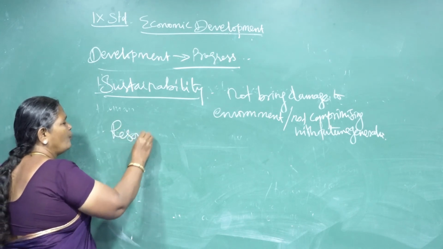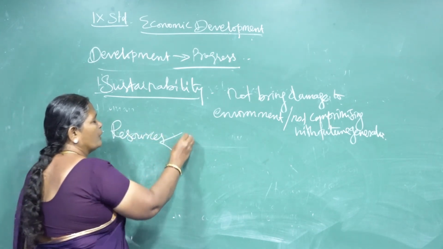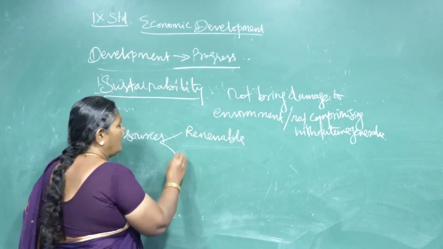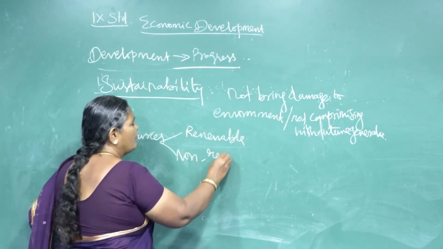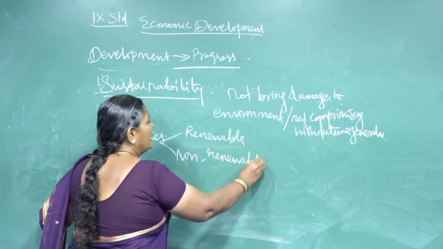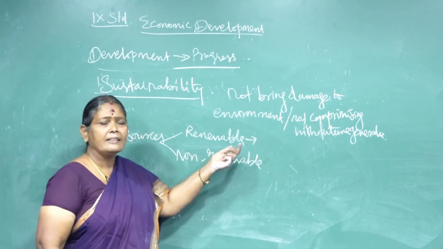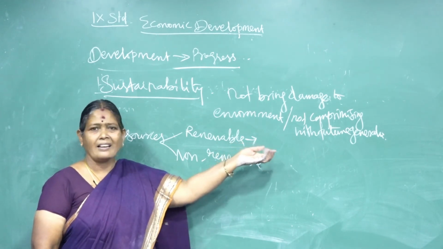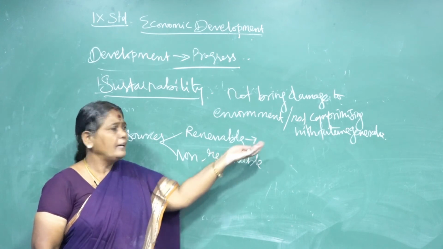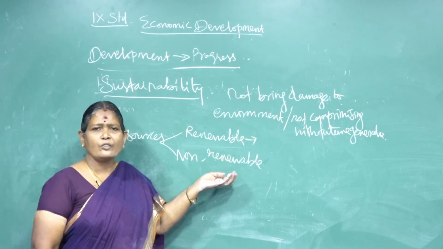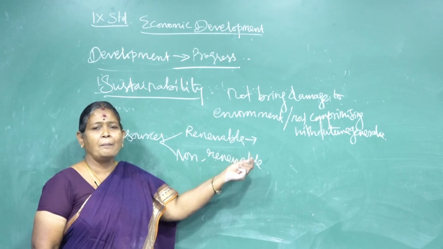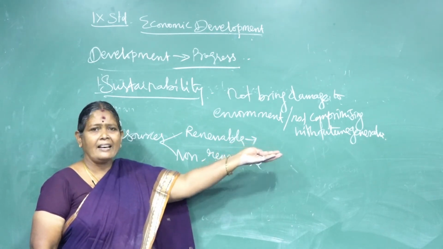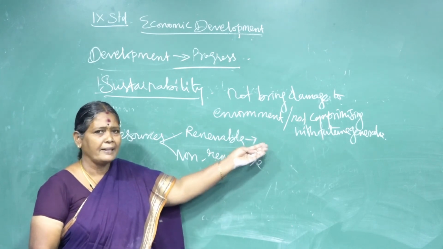Resources are classified into renewable and non-renewable. Renewable, you know already, are the resources which can be produced again, we can get them back in a short time. These are all pollution-free, eco-friendly resources and so on. For example, solar energy, water, groundwater, then wind power. These are some examples.